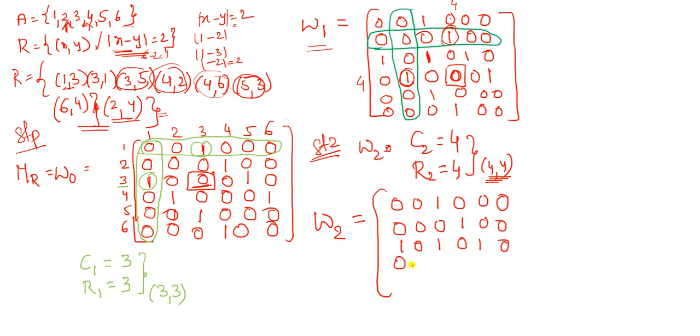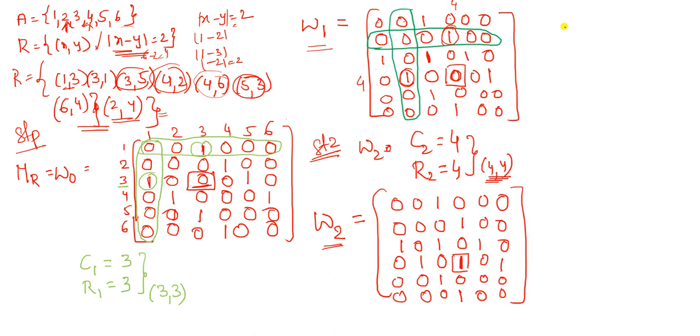And the fourth row, this one, 0, 1, 0. Here we need to insert 1 because this is the position 4, 4. So here you need to insert 1 and all remaining entries will be common. 0, 0, 1, 0, 0, 0 and the remaining last row 0, 0, 0, 1, 0, 0. Okay. Now this is our W2.